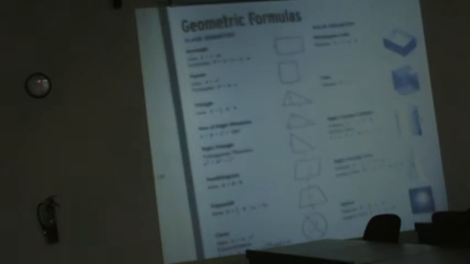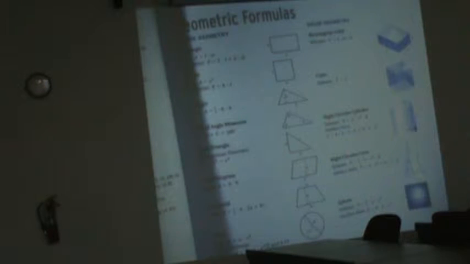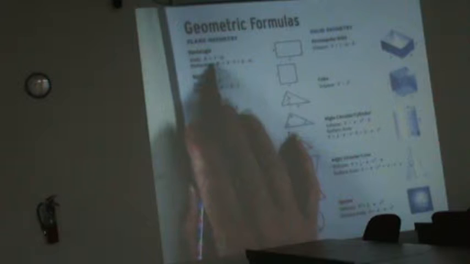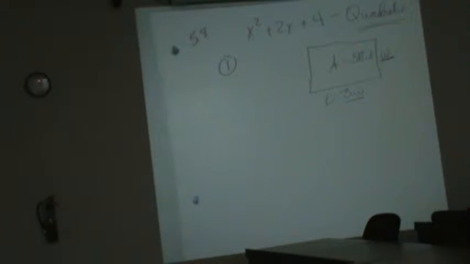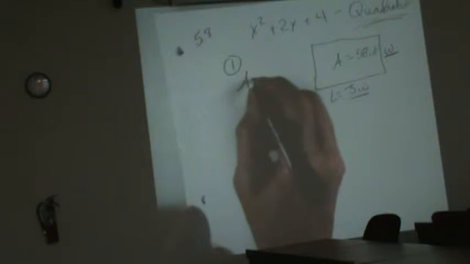If you don't know it right off the top of your head, on the back page of your book you have a lot of the formulas there. Rectangle area is length times width. All right, so area is length times width.